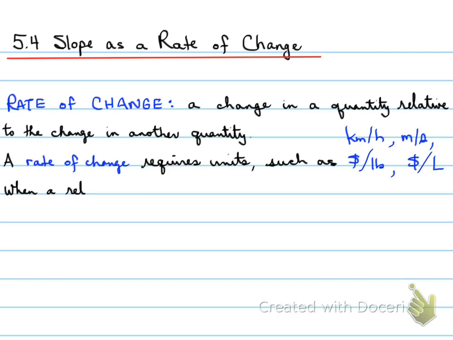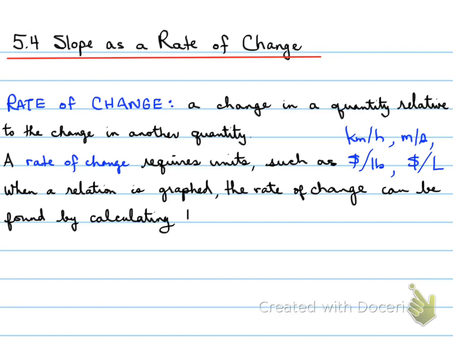We've seen that in gas, in speed limits, in science, and even in the grocery store when we're buying fruit. A rate of change always has some comparison with units. When a relation is graphed, the rate of change can be found by calculating the slope of the relation.